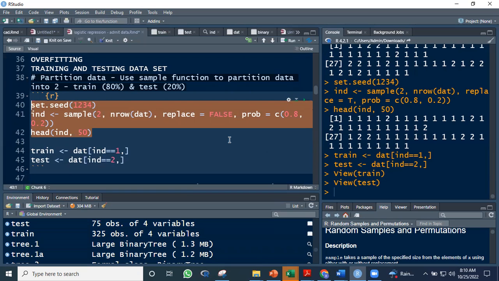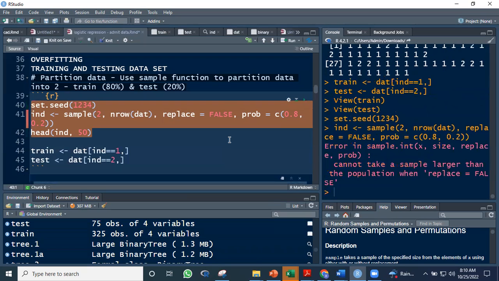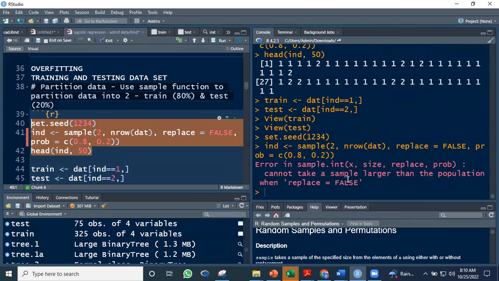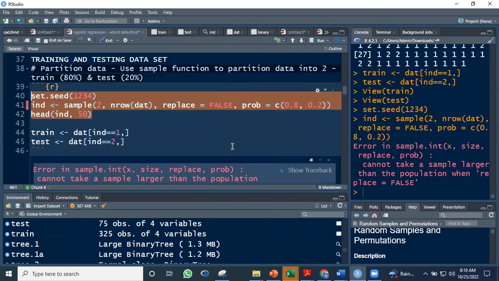We can run it again. Control Enter. What happened? Cannot take a sample larger than the population when replace is equal to false.